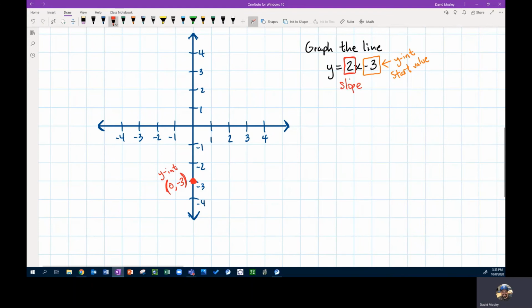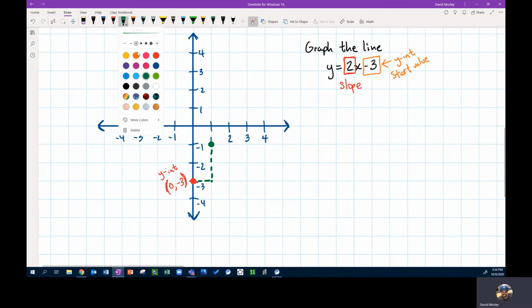And we have a slope of 2, which means for every 1 unit I go to the right in x, I go up 2 units in y. It's going to put me right here. So this is another point for my line. It goes right here, and that's at (1, -1).